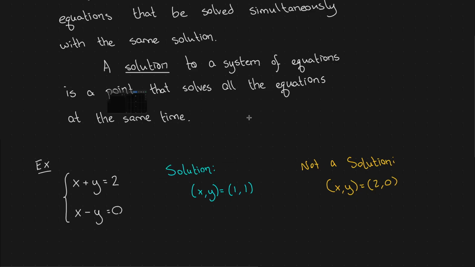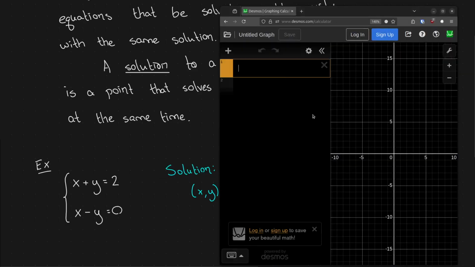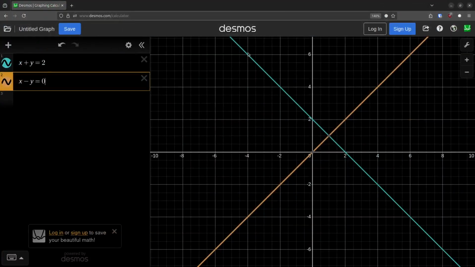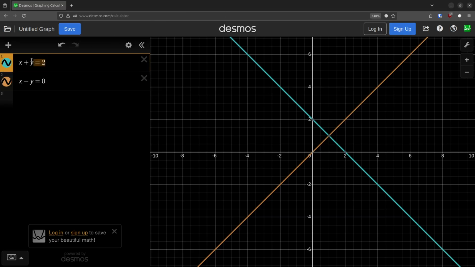Okay, so let me pull it over here. Our two equations are x plus y equals 2 and x minus y equals 0. These two lines are the graphs of the two equations. The blue line going from top left to bottom right is the line of the equation x plus y equals 2.